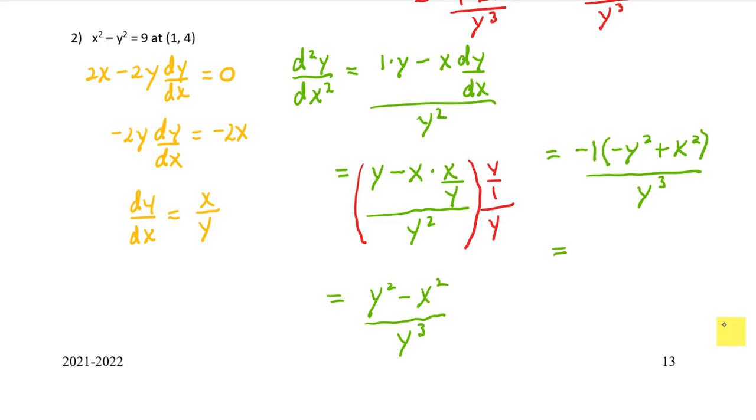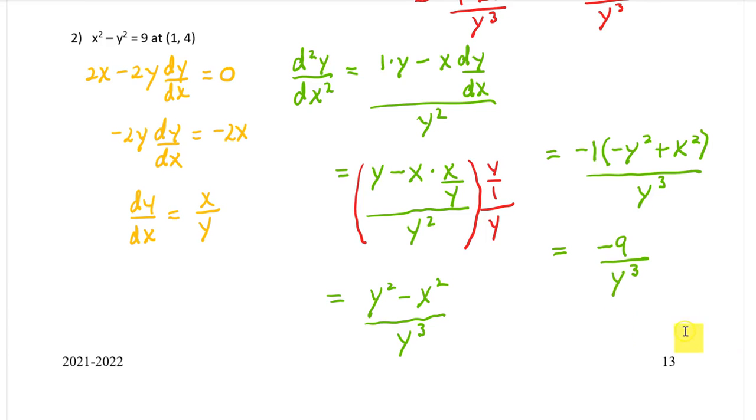And then again, I can substitute 9 for x squared minus y squared, and 9 times negative 1 gives me negative 9 over y cubed. Okay, not so bad, is it?